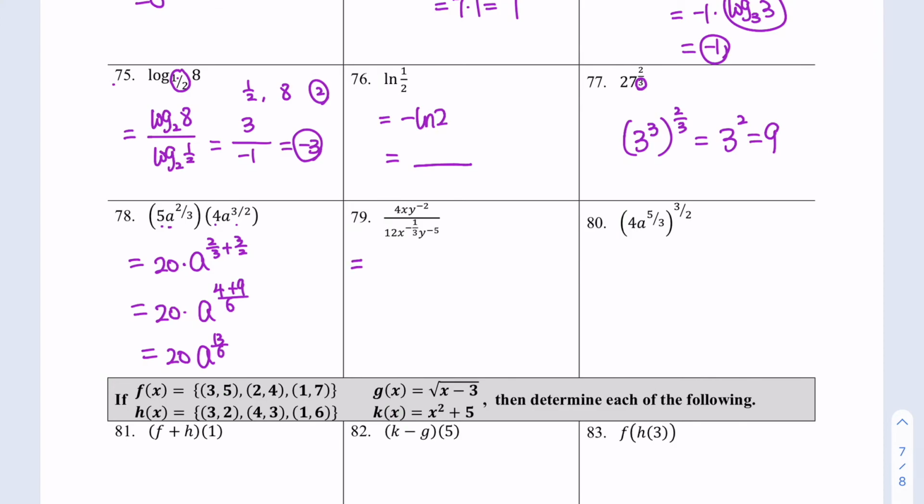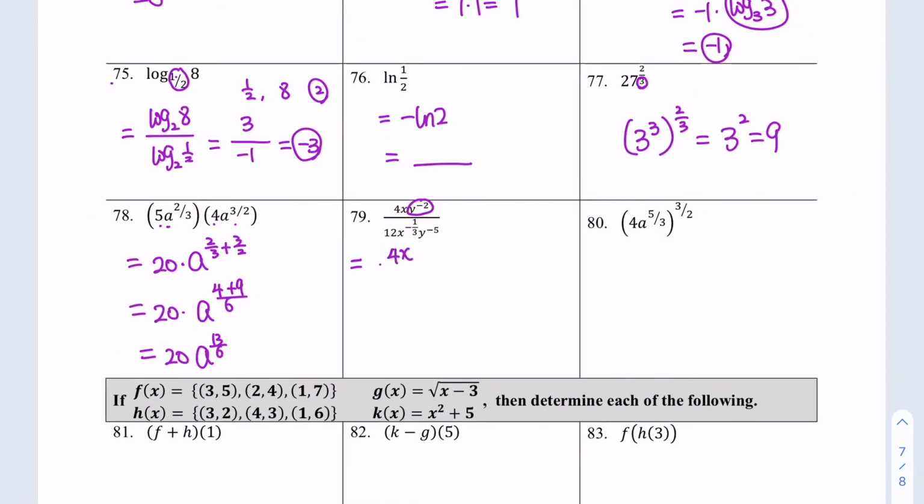Number 79. We have negative powers. When we have negative powers, we have to flip it. So the numerator will move to the denominator, and the denominator will go up to the numerator. So 4x to the 12, keep it. So y to the negative 2 here. x to the negative 1/3 goes up. y to the 5th power, 3. x to the, combine them, 4 over 3. y to the 5th, y cubed.